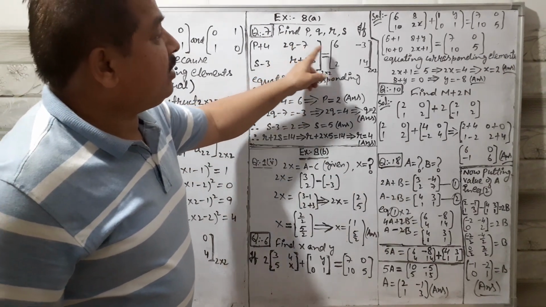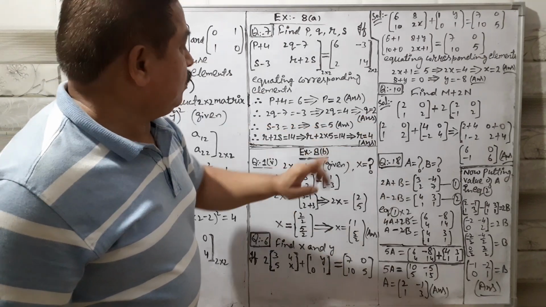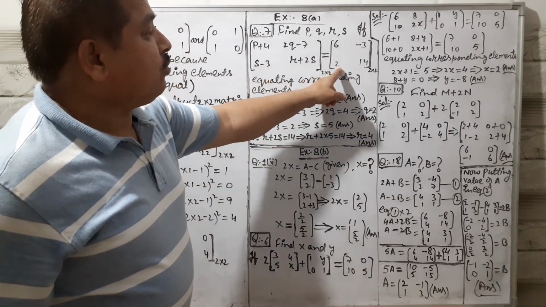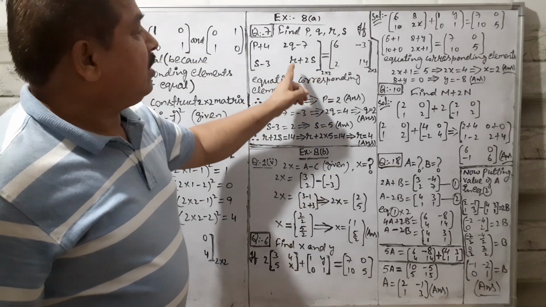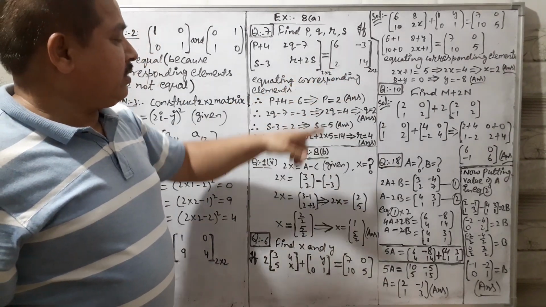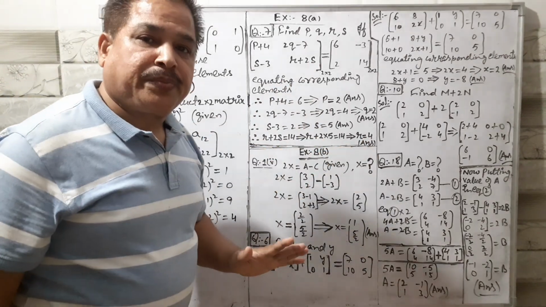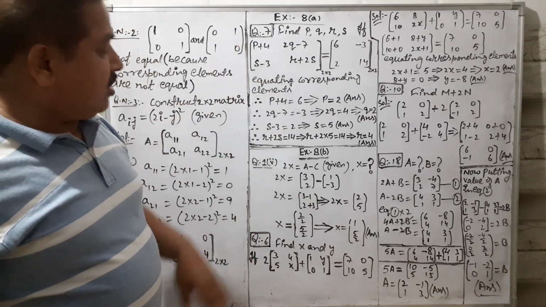Similarly, 2Q minus 7 is equal to minus 3, so Q will come 2. S minus 3 equals 2, so S will come 5. R plus 2S is 14. Put the value of S here, so R will come 4. So this is your question number 7.